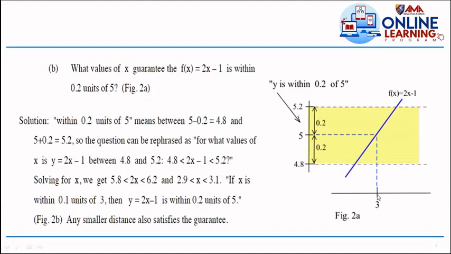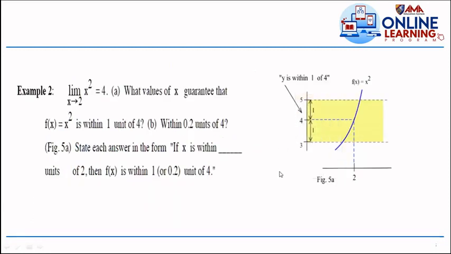So 3 minus 2.9, the answer is 0.1. 3.1 minus 3, we have 0.1. So, if x is within 0.1 units of 3, which is 2.9 and 3.1, then y is equal to 2x minus 1 is within 0.2 units of 5, which is 4.8 and 5.2. So, therefore, ang answer po natin dito, x is 2.9, the other is x is 3.1.